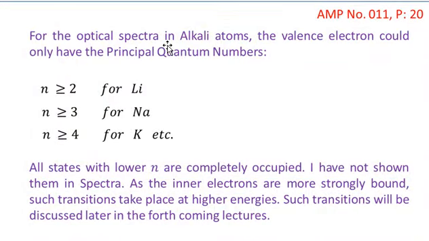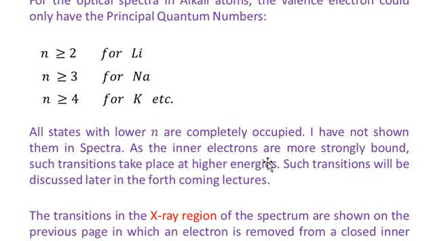For that, we have some restrictions on the principal quantum numbers, which come from the ground state of these alkali metal atoms. For example, for lithium, n should be greater than or equal to 2. For sodium, n is greater than or equal to 3. For potassium, n is greater than or equal to 4, and so on for other alkali metal atoms. All states with lower n are completely occupied.